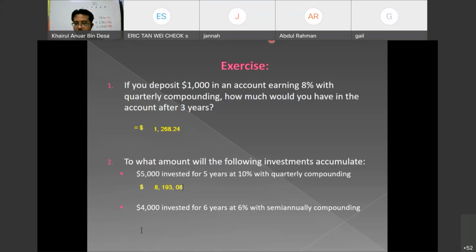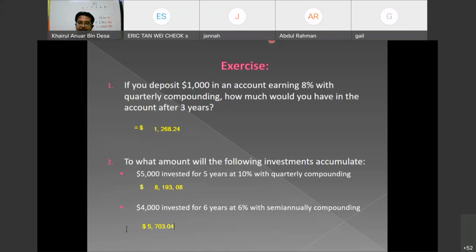Untuk soalan 2B, 4,000 dilaburkan 6 tahun, 6% semi-annual compounding. 5703.04. Alright, thank you very much.